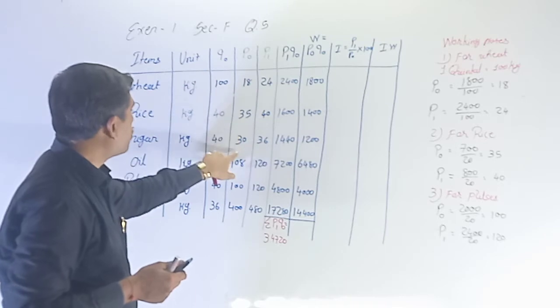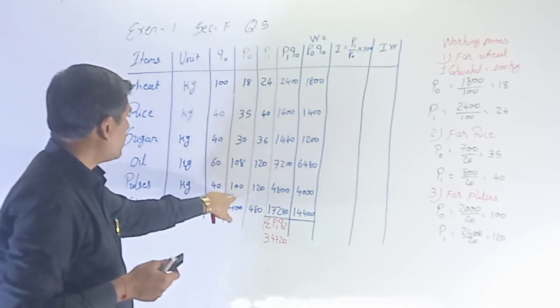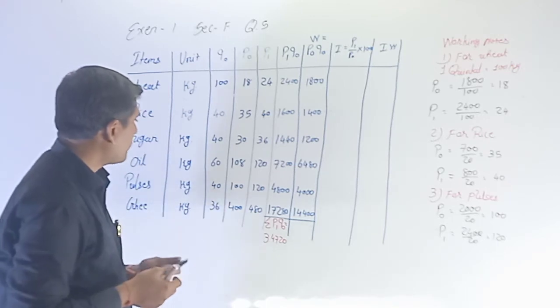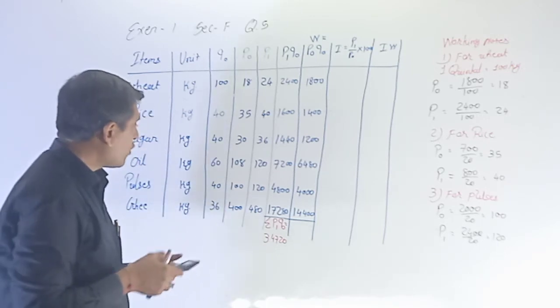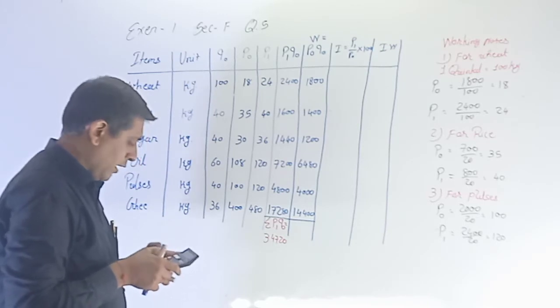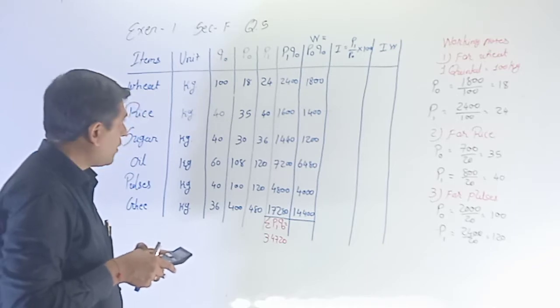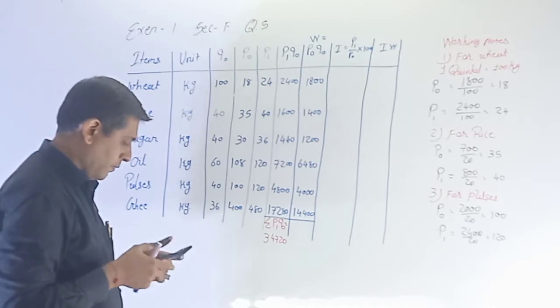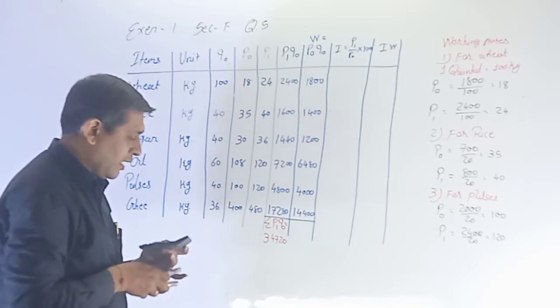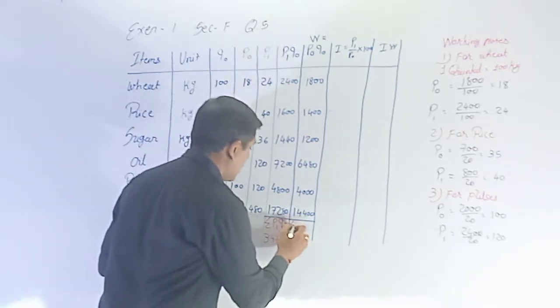These two, multiplication of these two, okay. Now make the total: 14,400 plus 4,000 plus 6480 plus 1200 plus 1400 plus 1800, that is 29,280.